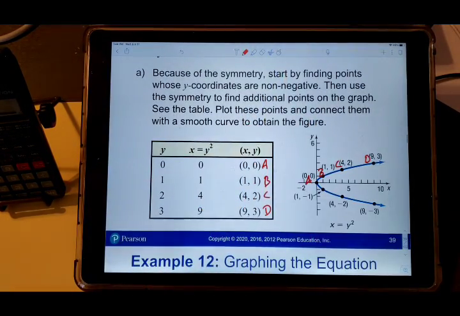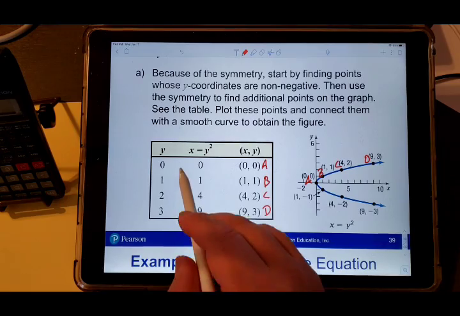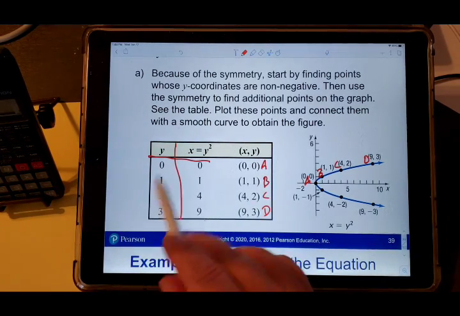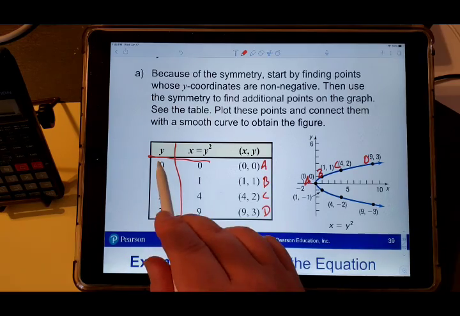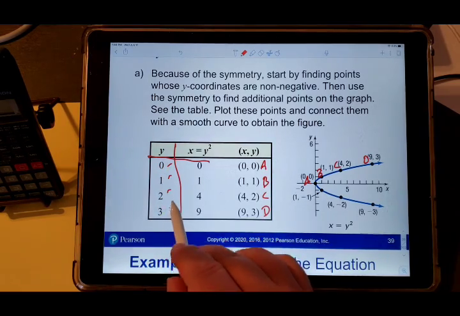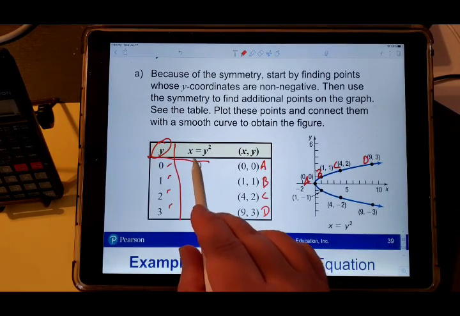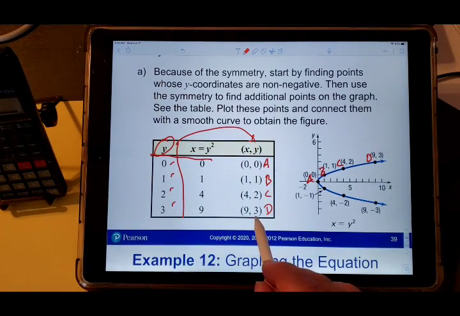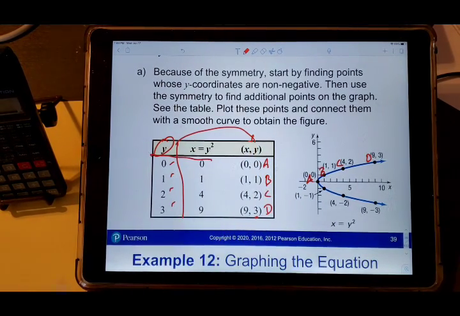All right. So here's what the author did. Just gave us these values. Now, notice the author picked the y values. So y went first, and he calculated x values, and then when he brought this over here, the y values are after the comma. All right.